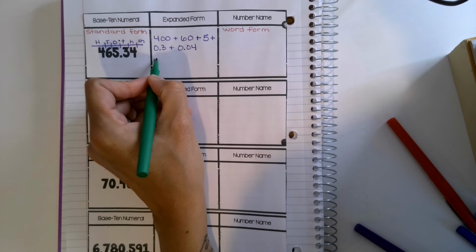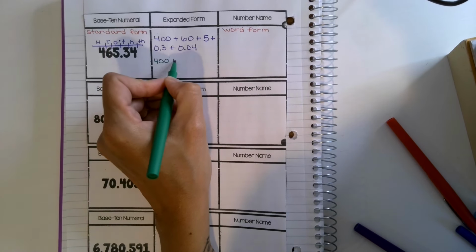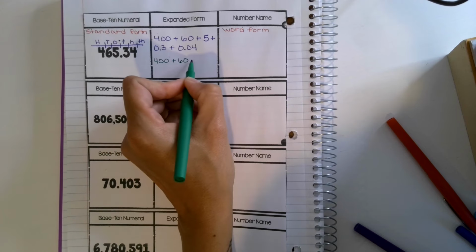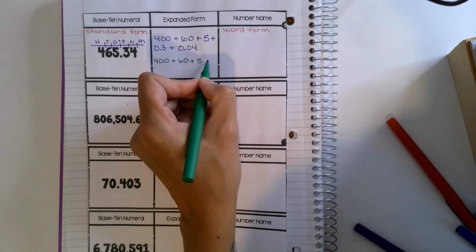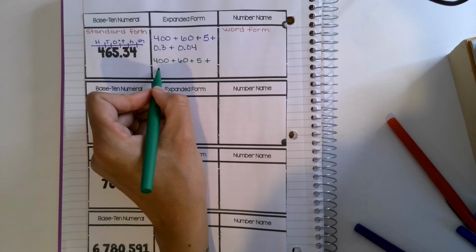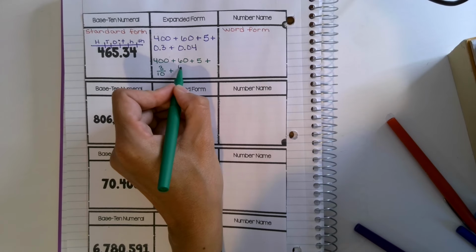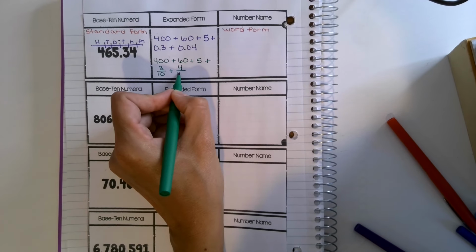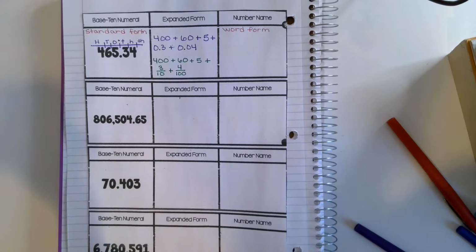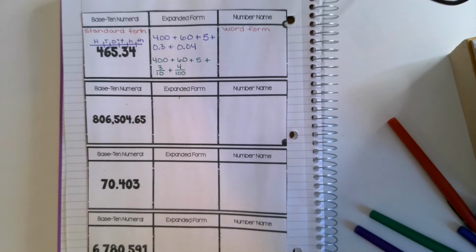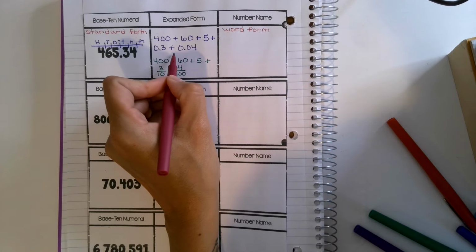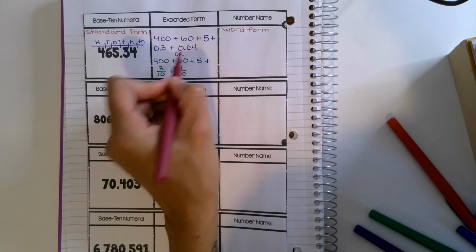So I write my whole number the same, 400 plus 60 plus 5 plus 3 tenths plus 4 hundredths. Make sure your notebook is as nice and neat as you possibly can write, because you need to be able to read your own writing to know what you're doing. I put "or" there.